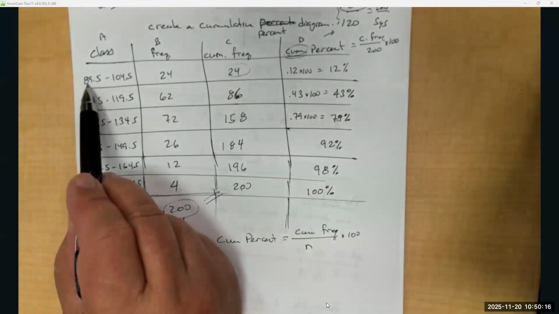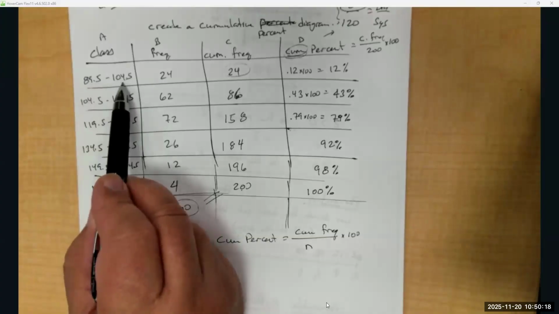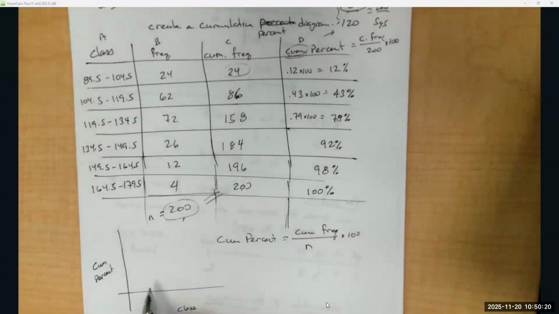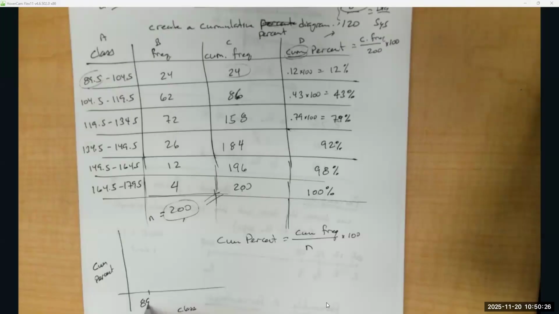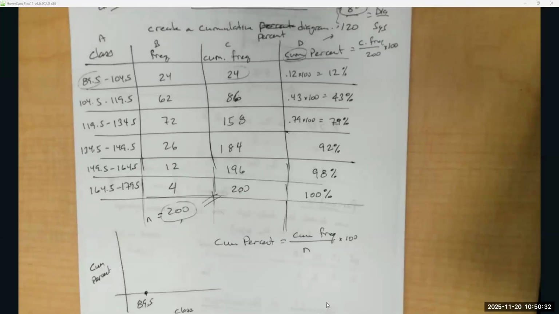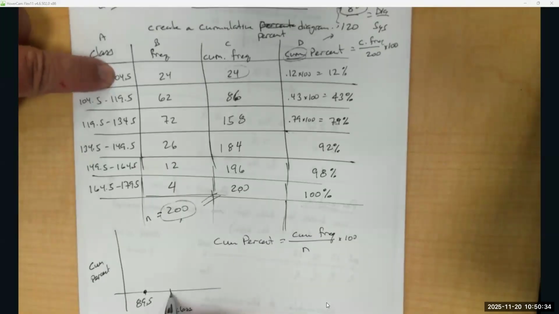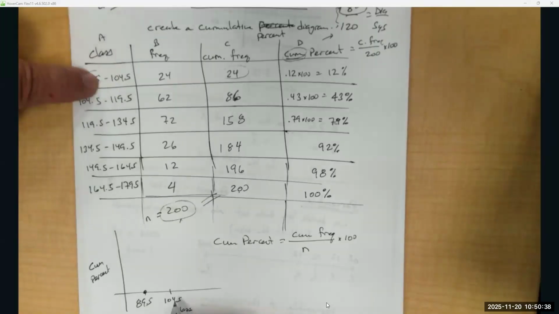Do I start off with 85 or 89.5? Do I start at 104.5 on my data list? Well, the first one's 89.5. Below that is how many elements? 0. It starts off there. Then I go here to 104.5, because that's this entire class.